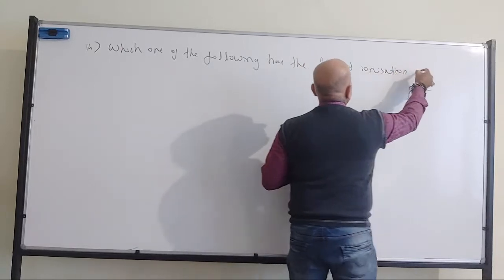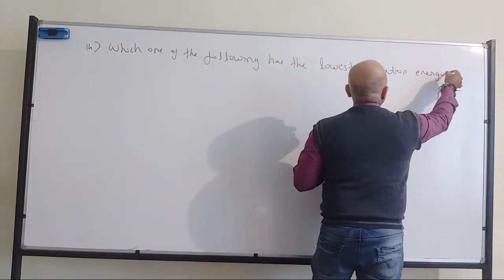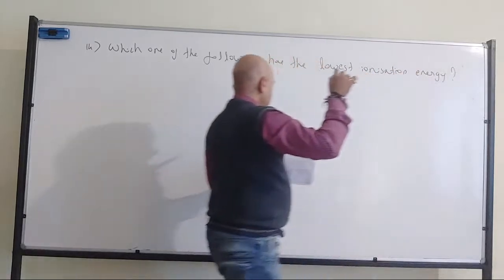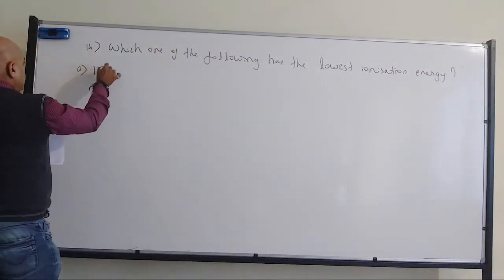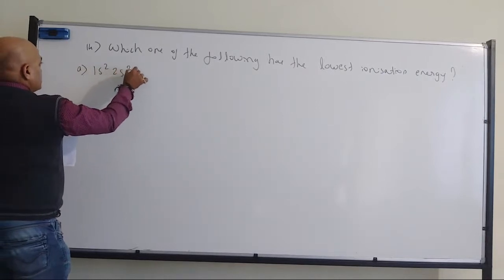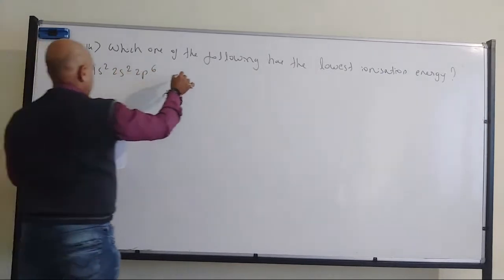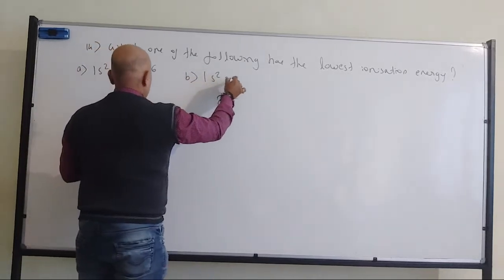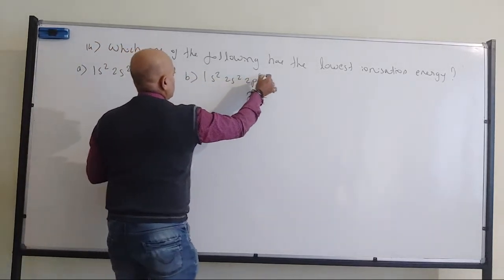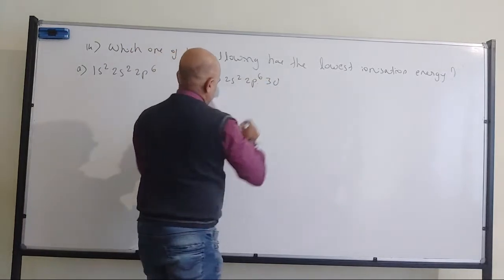Option A, that is 1s2 2s2 2p6. Option B, that is 1s2 2s2 2p6 3s1.